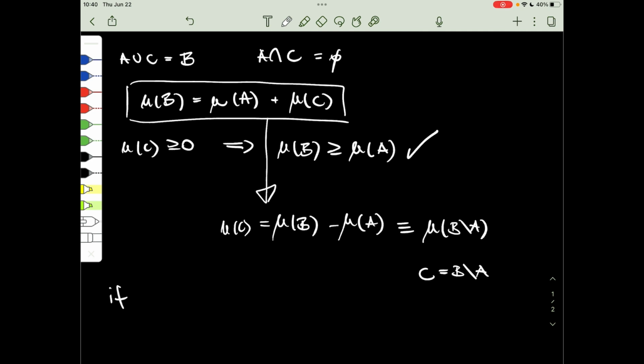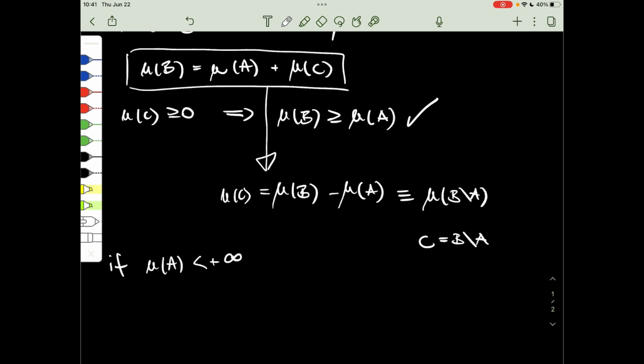So if the measure of set A is finite, we have this result, which was the other result we were supposed to show. We are done.